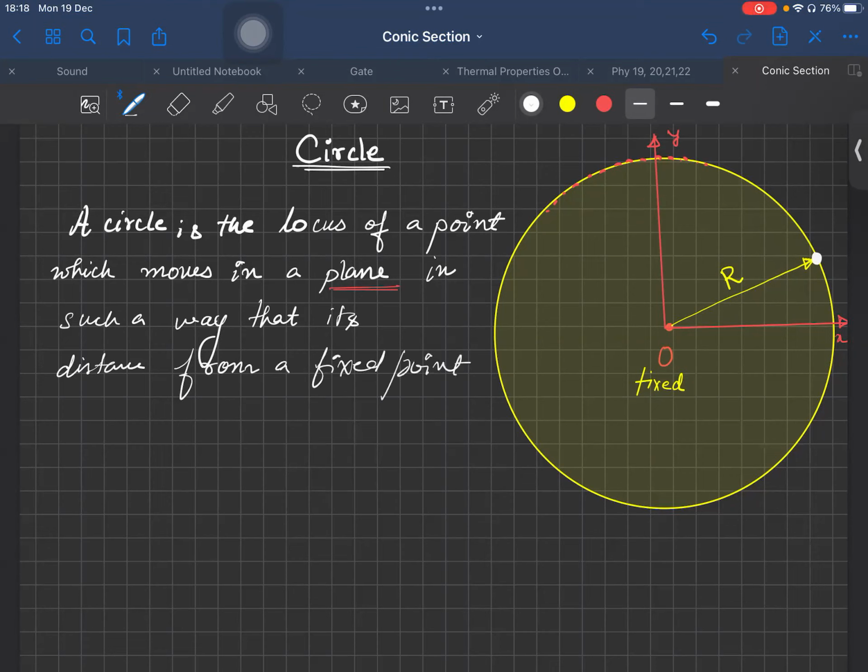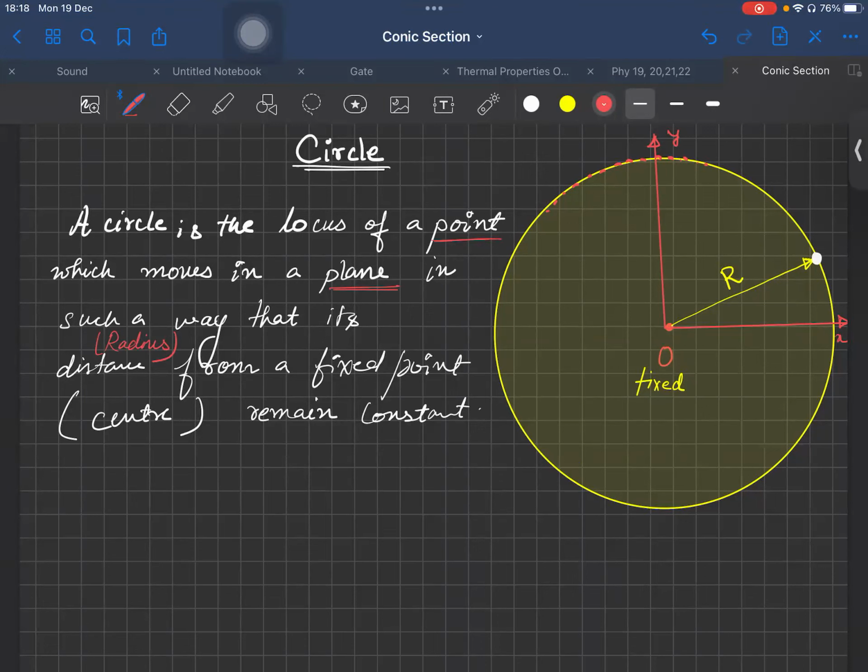Okay, and this fixed point is called the center of the circle. And the distance is your radius. Okay, this plane is important, this locus of a point.